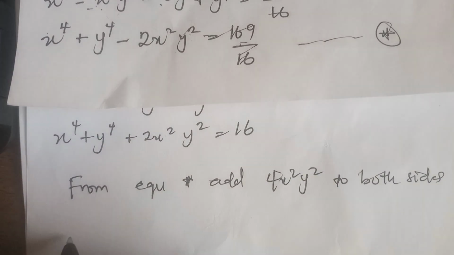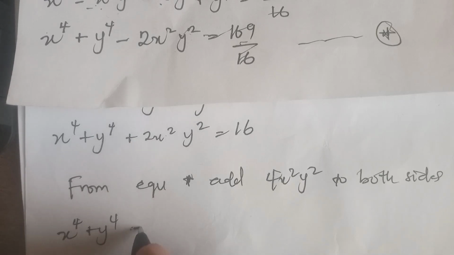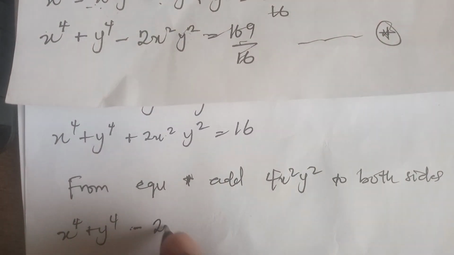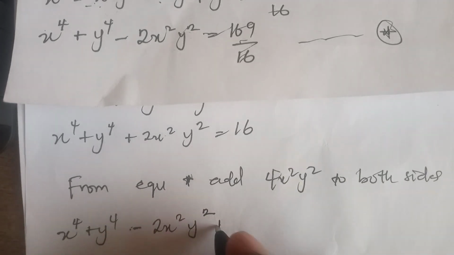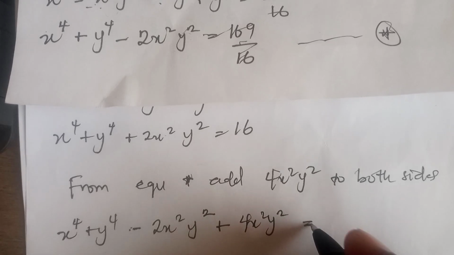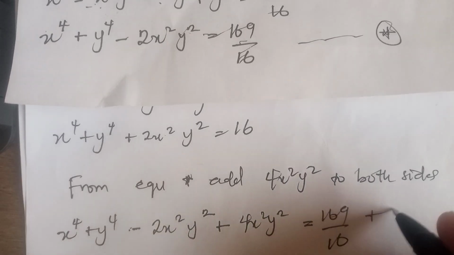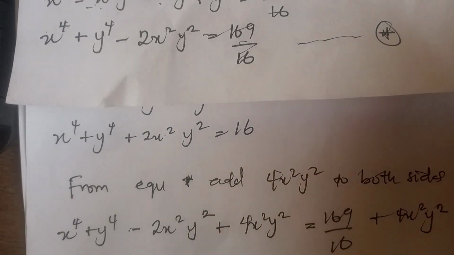All right, so we have x^4 plus y^4 minus 2x squared y all squared plus 4x squared y squared equals 169 over 16 plus 4x squared y all squared.